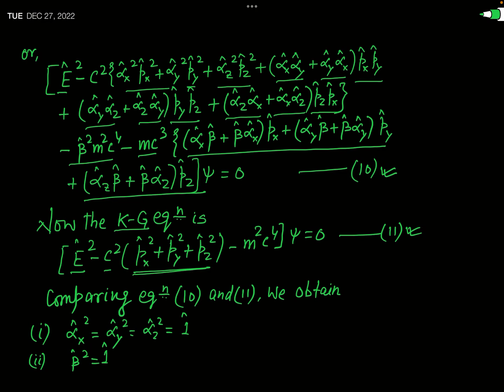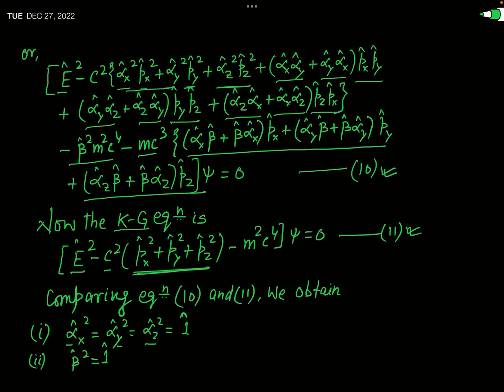You can see here there is alpha x square px square plus alpha y square py square plus alpha z square pz square, but here there is only px square, py square, pz square. So it means definitely alpha x square, alpha y square and alpha z square is equal to 1.